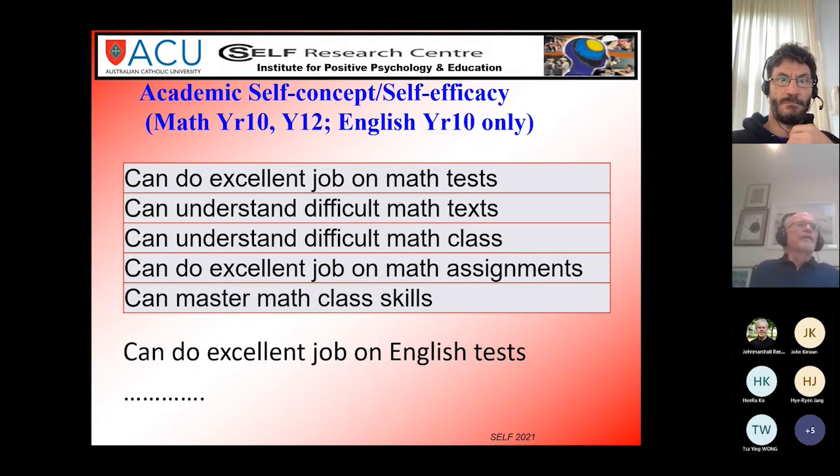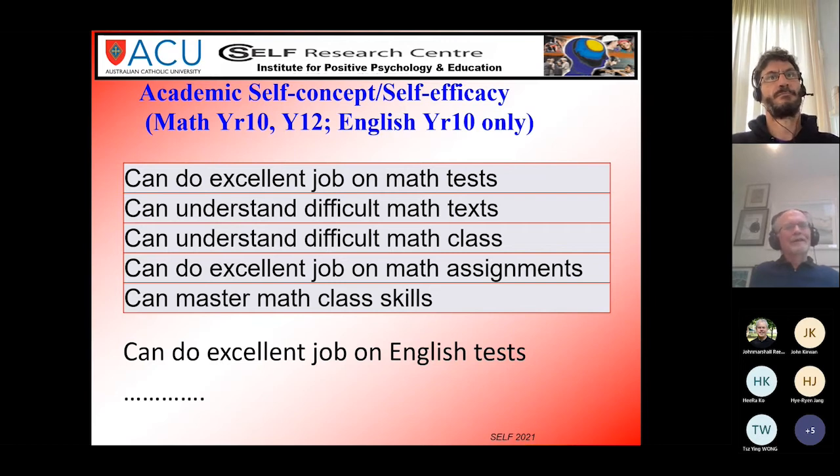Okay, so I'm focusing on the self-concept. There's an interesting issue as to whether this is self-concept or self-efficacy. I might talk about that if we have time at the end. I'm calling it self-concept, but they're actually calling it self-efficacy. In any case, whatever it is, it's a self-belief scale, and it's got the same items in math and English in year 10, and then math in year 12.